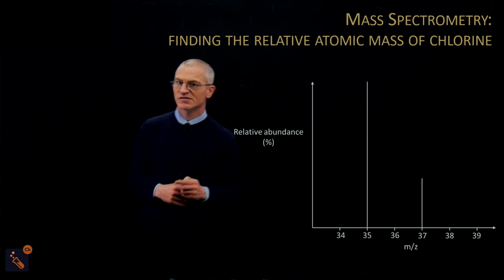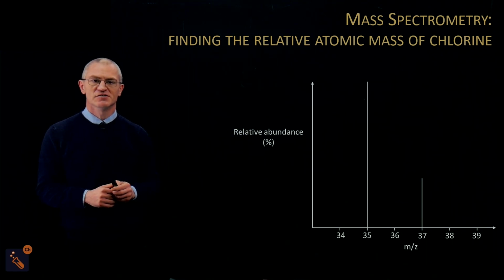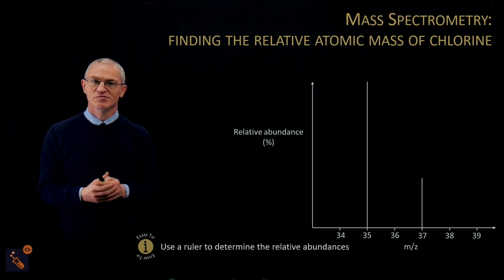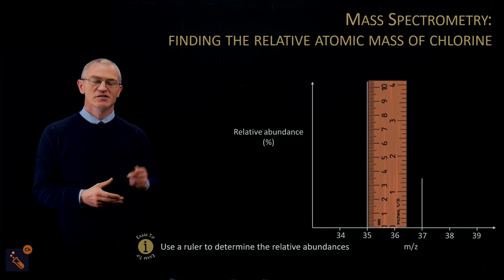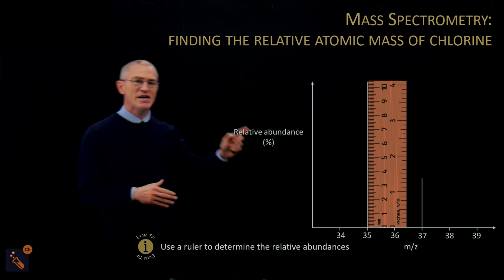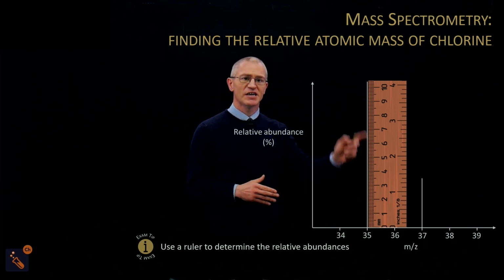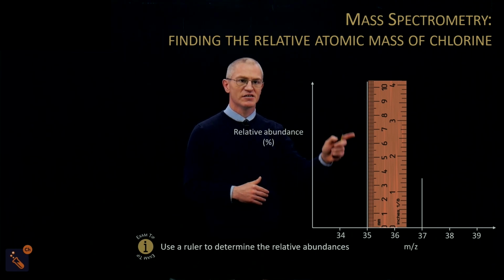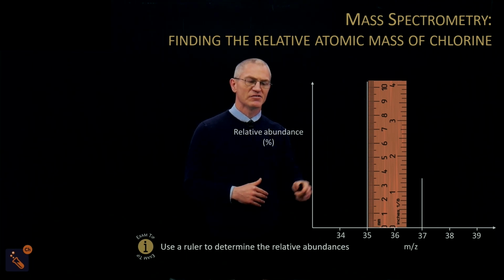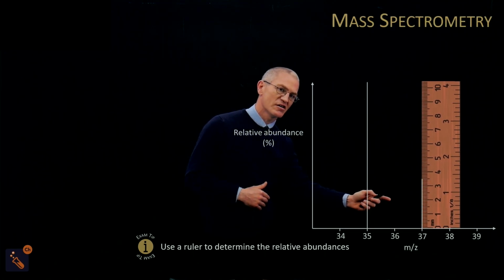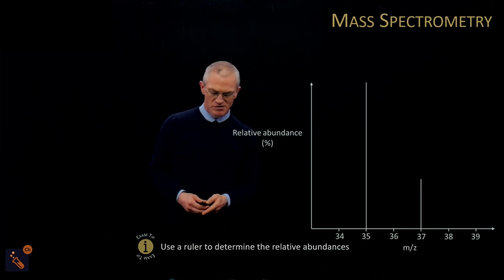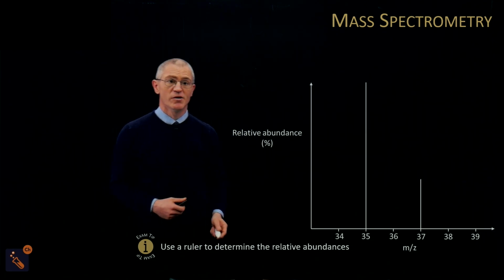Now, our exam tip for this section is you have to get your ruler out. If you're in an exam and you get presented with this, get your ruler out, measure the line, and find out what the proportion is between the two. We measured this line and then the next line, and we found they're in a ratio of 3:1.